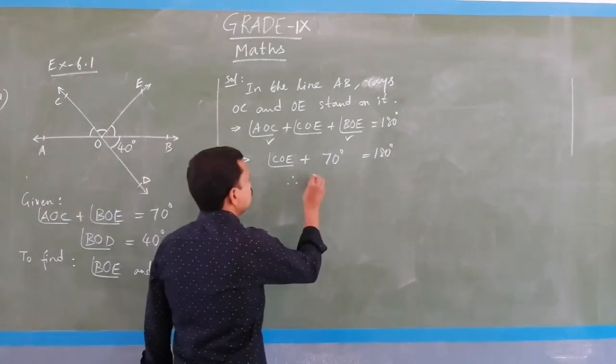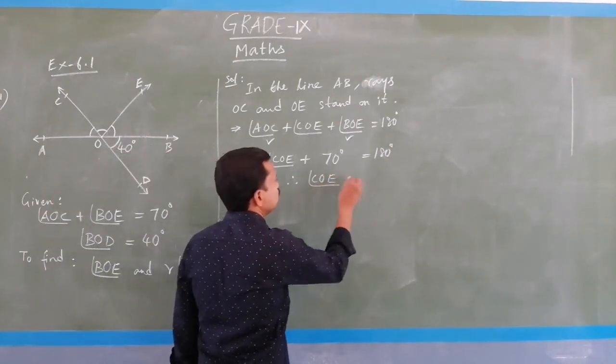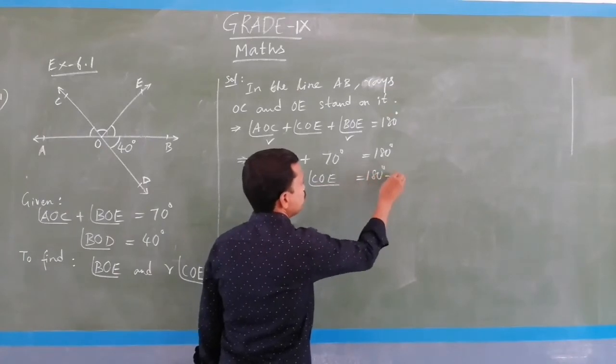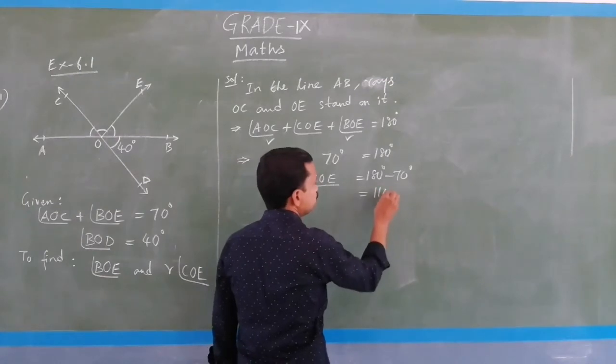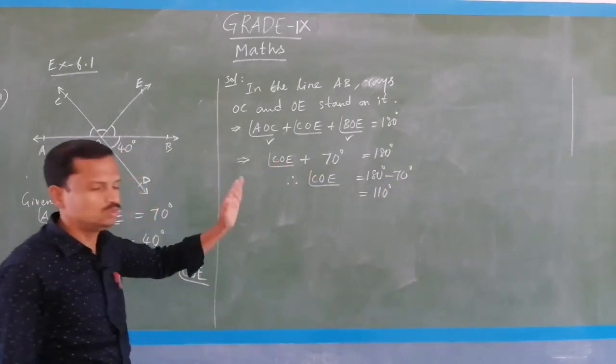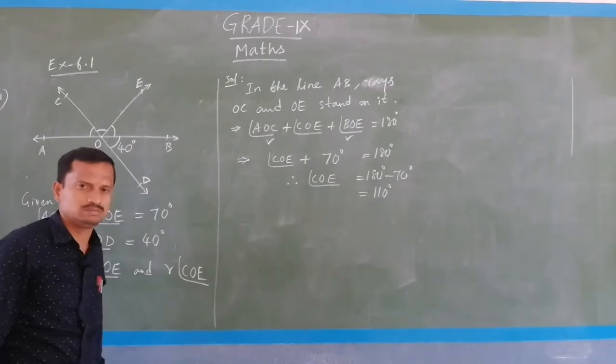Now COE angle is equal to 180 minus 70 degrees, which is nothing but 110 degrees. So, COE angle is 110 degrees.